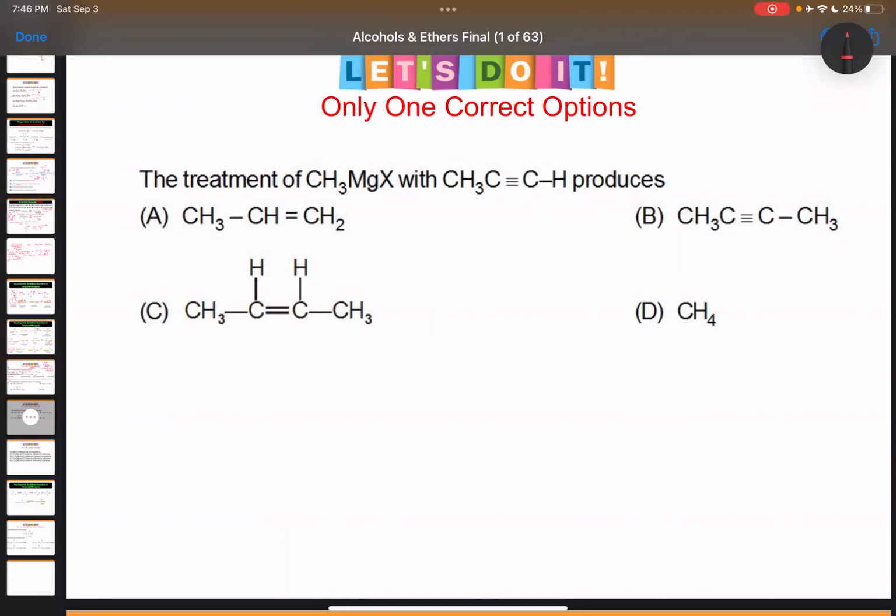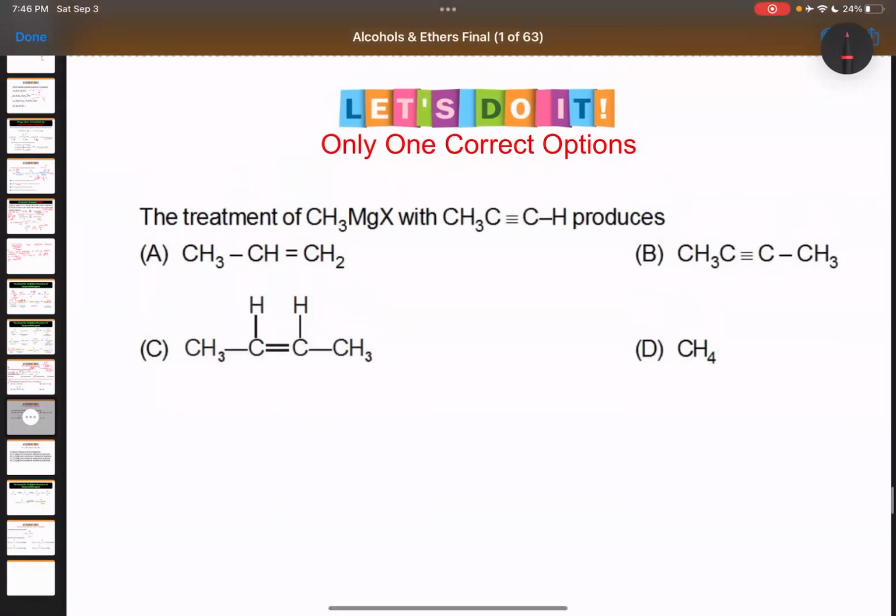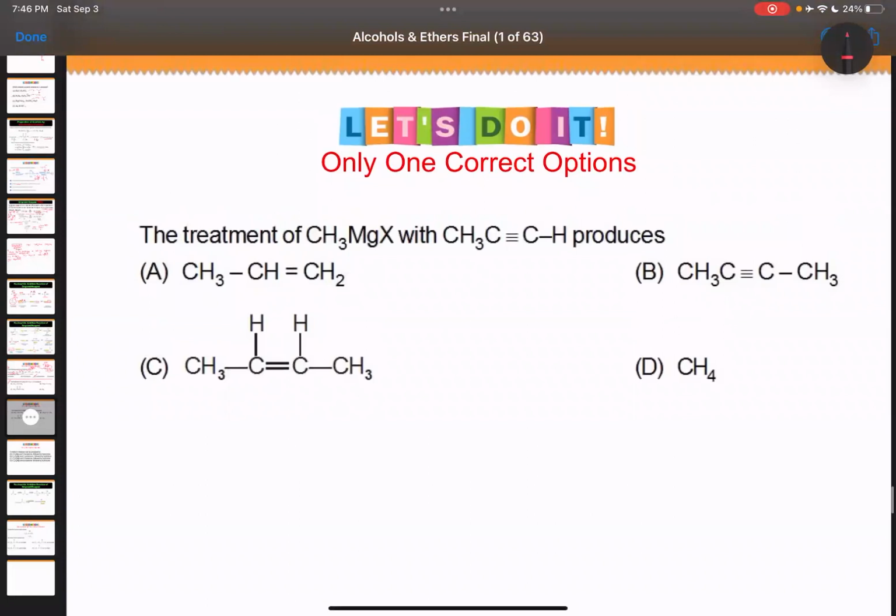Very important question, and this is the type of reaction given by Grignard that I have not yet discussed. So by this question only we are going to discuss it. Let's do it first, then we will discuss it.